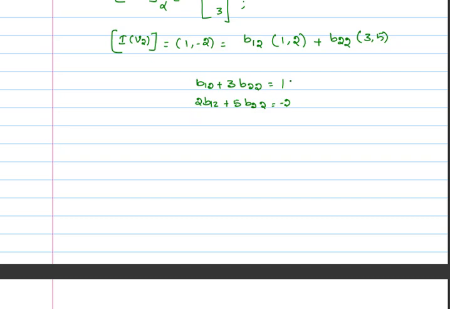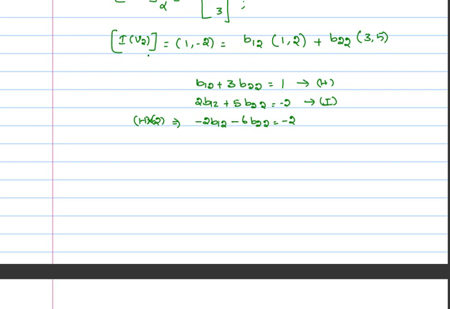The same way you multiply: you take this as equation I and this as equation II. Multiply equation I by -2, it implies -2 b12 minus 6 b22 equal to -2.